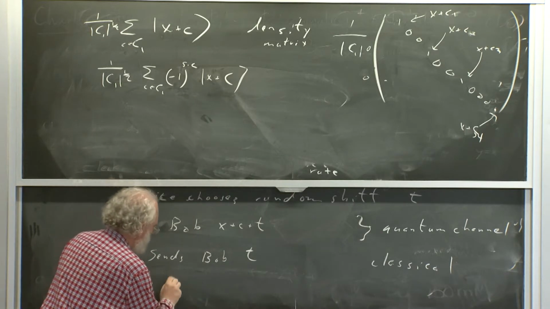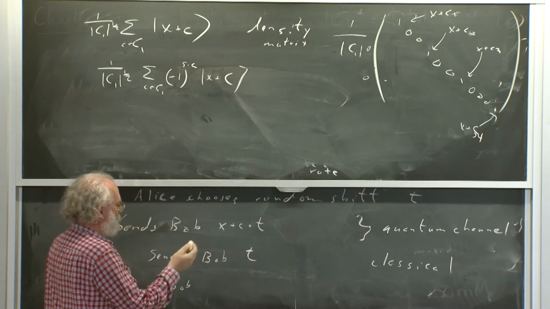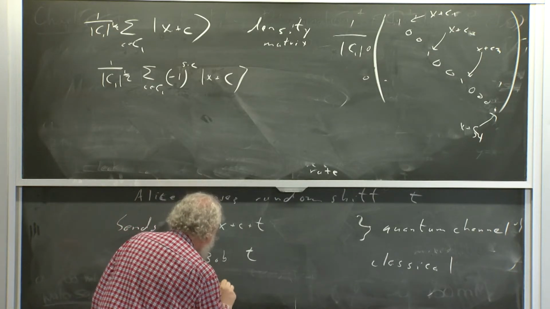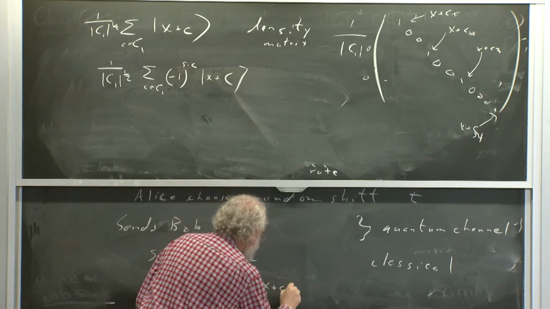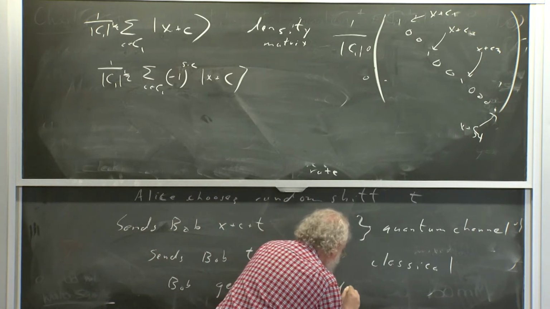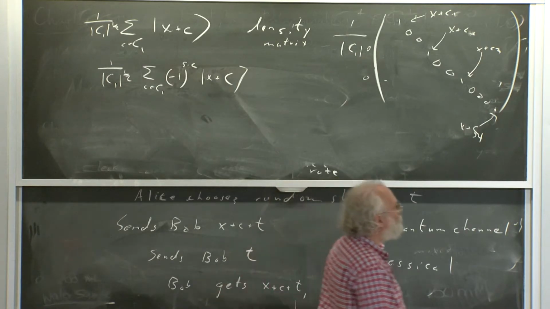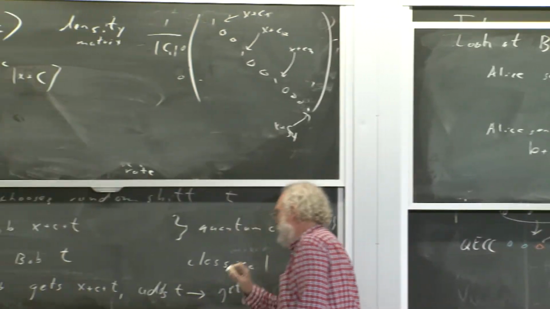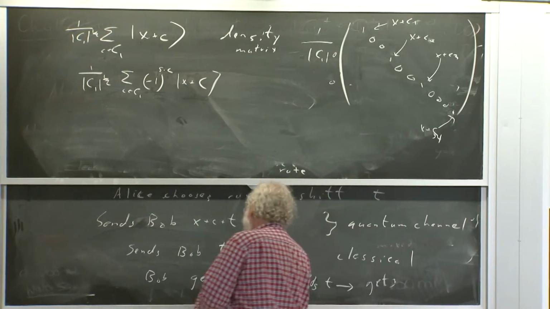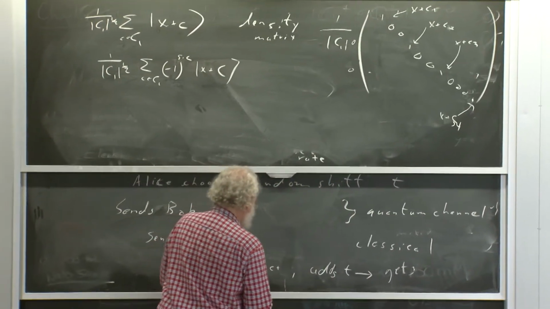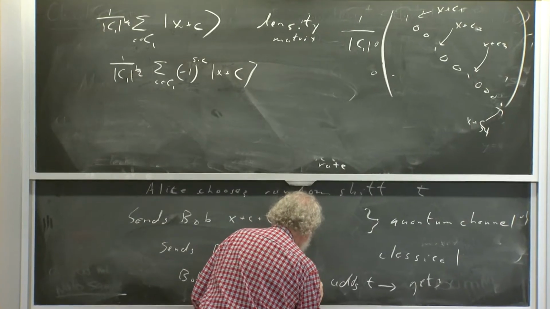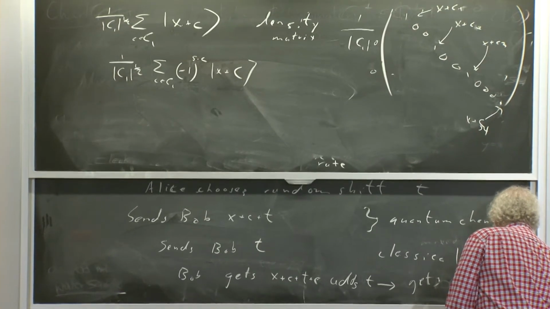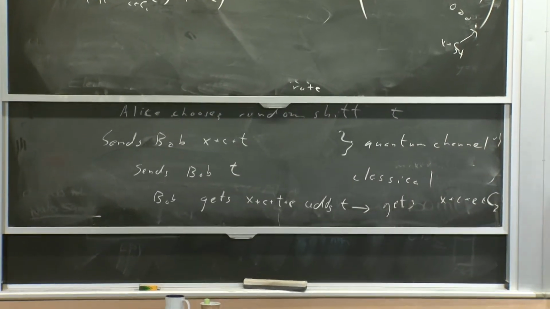And Bob gets X plus C plus E plus T plus E, adds T, gets X plus C plus E in C2.